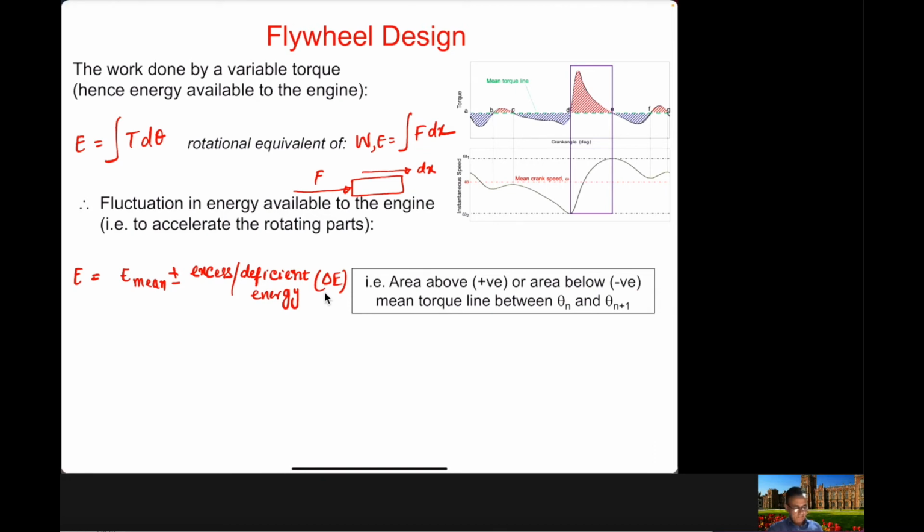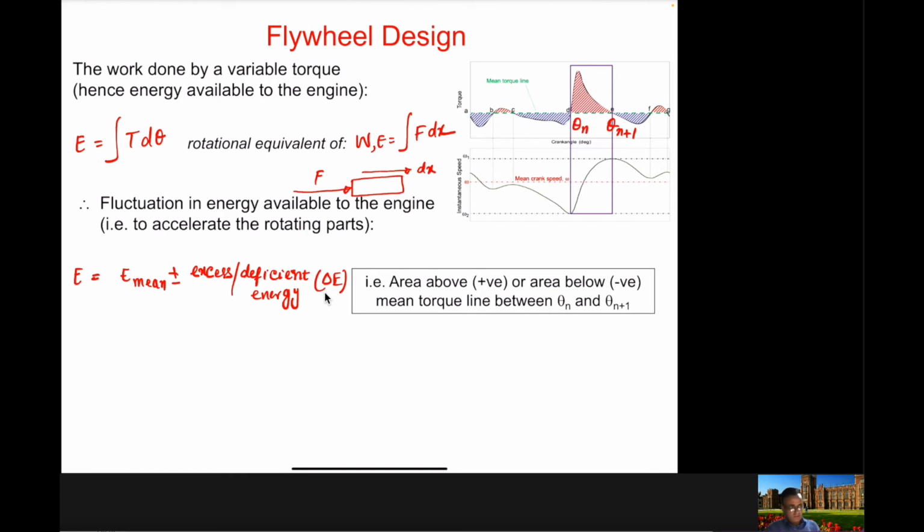So in this case, for example, if you are interested in calculating the energy between these 2 points, if this angle is theta n and this angle is theta n plus 1, so theta n is a specific angle, and theta n plus 1 is again a specific angle at another location, and you are interested in calculating the energy fluctuation between these 2 points.